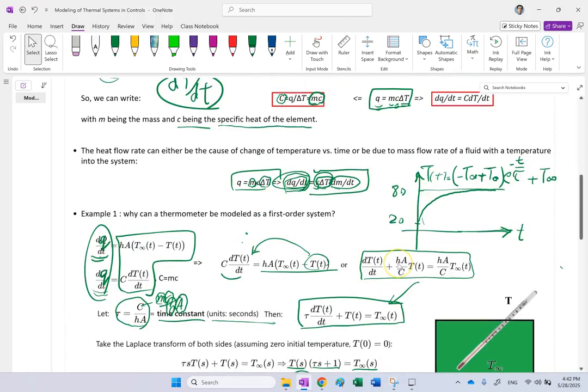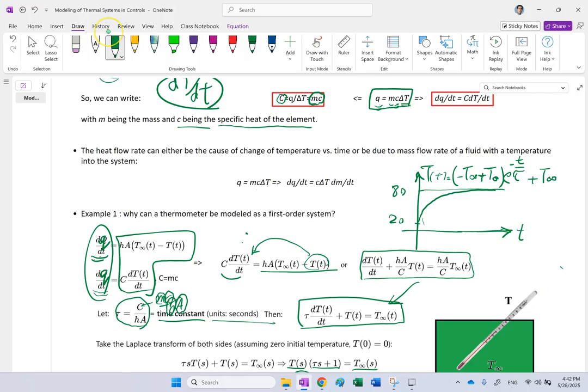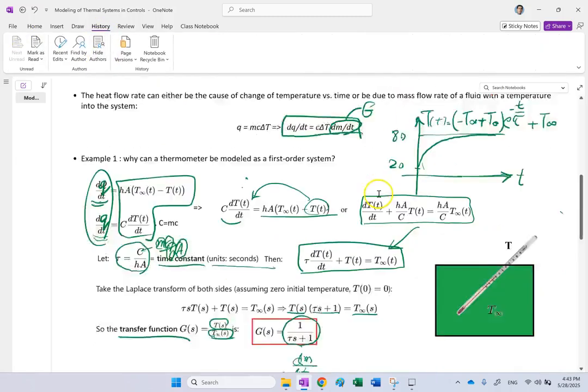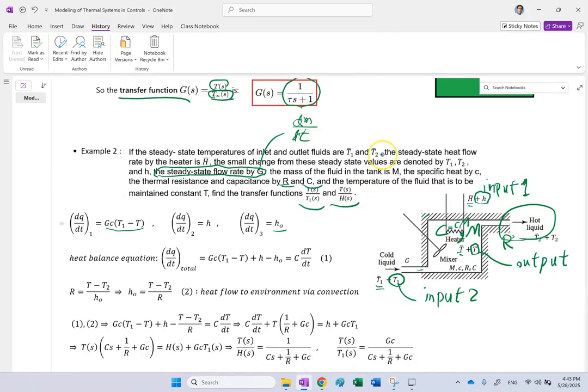So remember I said that the heat flux because of the mass flow is this guy here. And in this case I call dm over dt G. So it's GC delta T, and that is exactly what I have. Then we have a direct heat flux from the heater. That's input number 2, that's input number 1. And of course here we are giving some heat to the environment through the convection, and we call that HO.